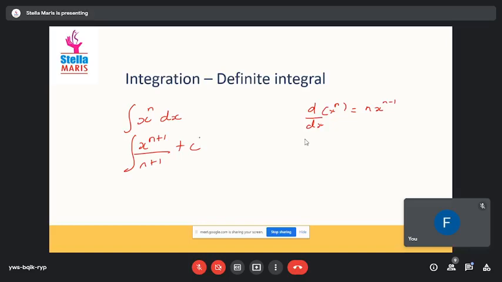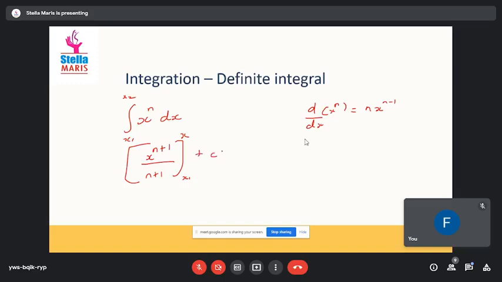So what is this C? C is nothing but the constant of integration. For example, if I have x1 and x2 as limits of x, when I integrate, what I will do is x power n plus 1 divided by n plus 1, to the limits x1 to x2.